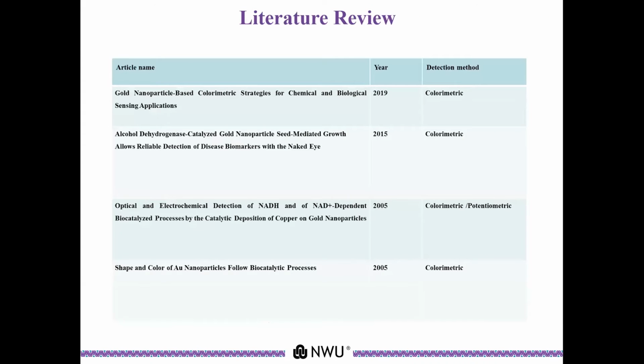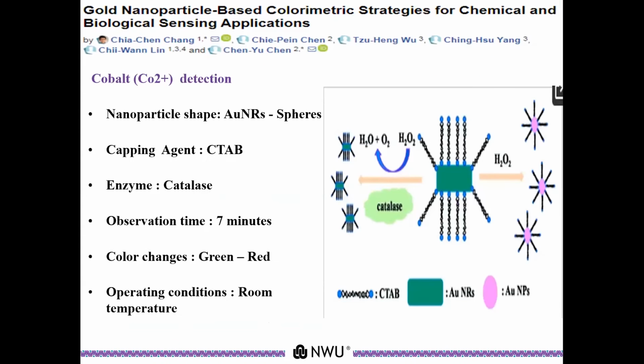These are the articles that I'm using currently in this work. I'm going to be dwelling on the nanoparticle shape, capping agent, observation time, and also the color change, since I'll be dealing with colorimetric work.